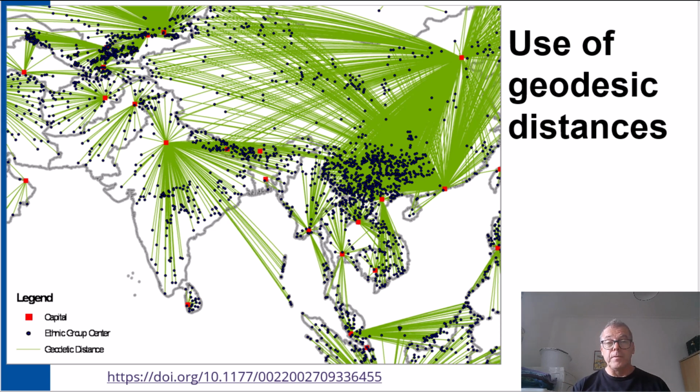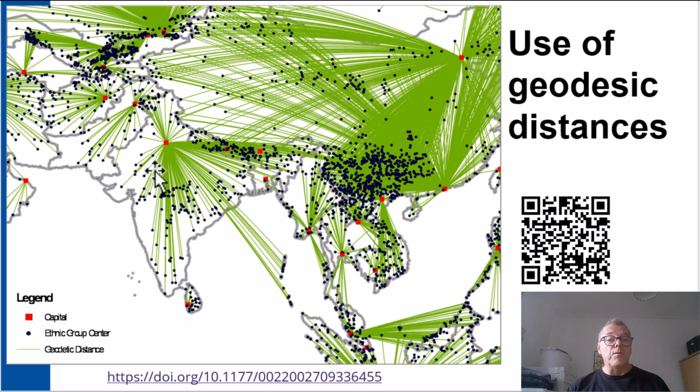This is now available also in most GIS. And this is from a study on armed conflict, where we are measuring from the capital in each country to population centers of ethnic groups that are not in power and that may oppose the government.